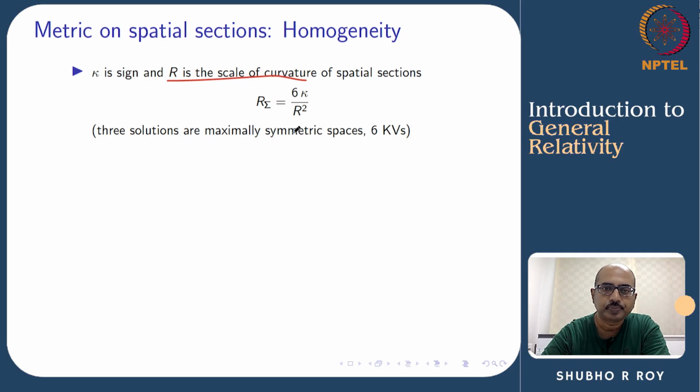All right. So now we know there are special manifolds called maximally symmetric spaces, for which the Ricci scalar is the same throughout, or uniform.